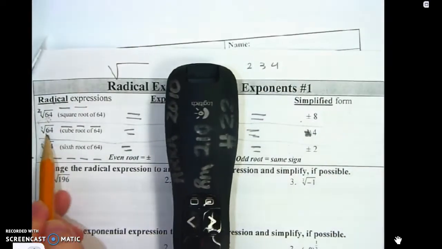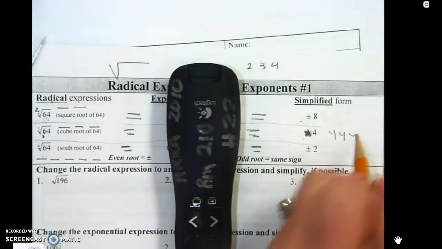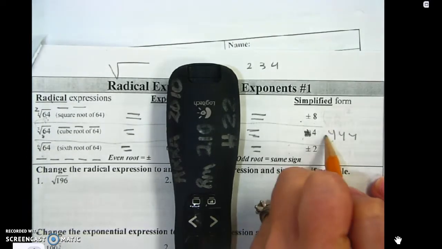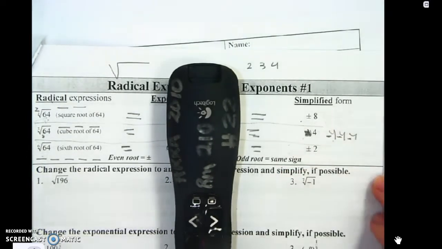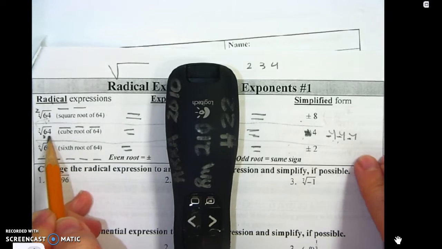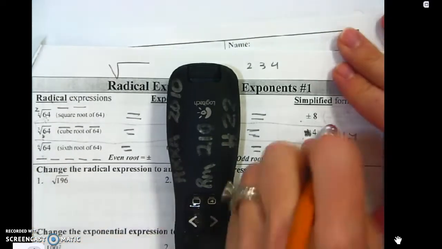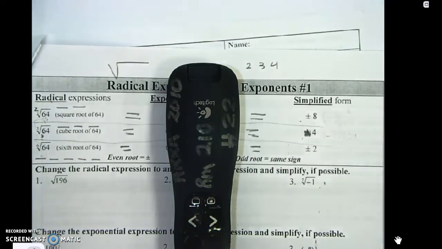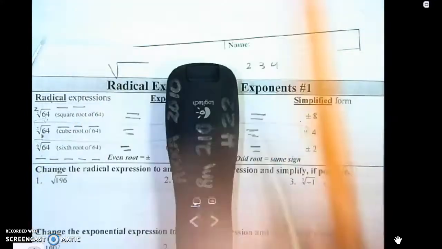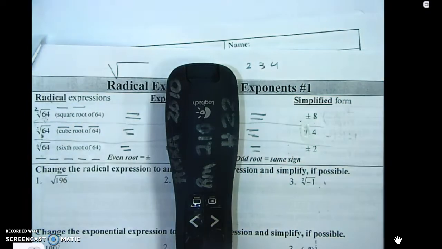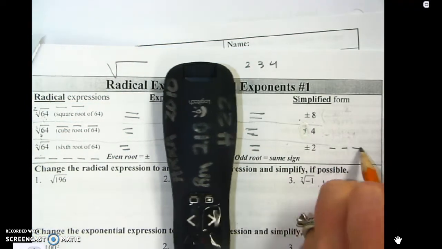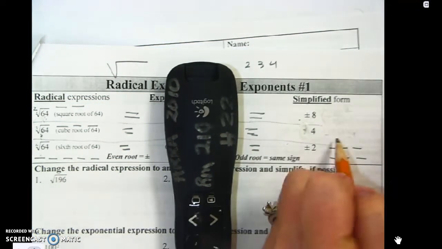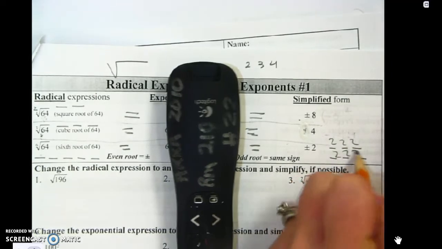But if you look here, if I go 4 times 4 times 4, that is 64. But if I go negative 4 times negative 4 times negative 4, that is not positive 64. That would be negative 64, which is why the answer is just positive 4, okay? And then the next thing, let me white this out just to make it super clear, okay, is if I had 2 times 2 times 2 times 2 times 2 times 2, obviously that's 64.